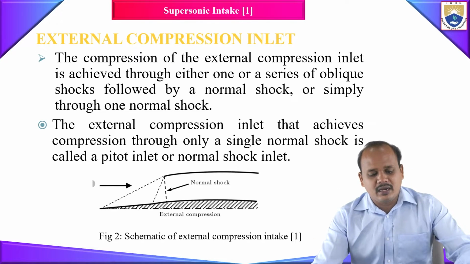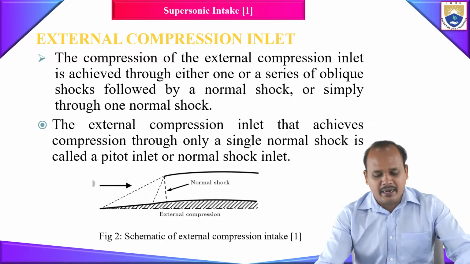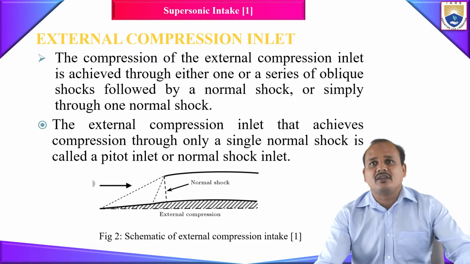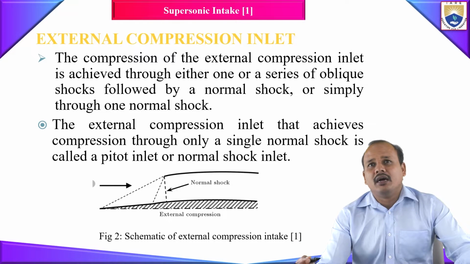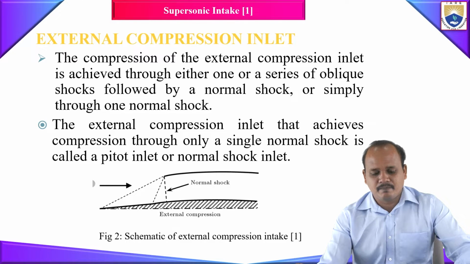So next one is the external compression intake. The meaning of external compression intake is that the entire shock system is outside of your engine inlet. Previously you saw the entire shock wave present inside your intake, whereas in the external compression intake, the entire shock wave will be outside of your intake.